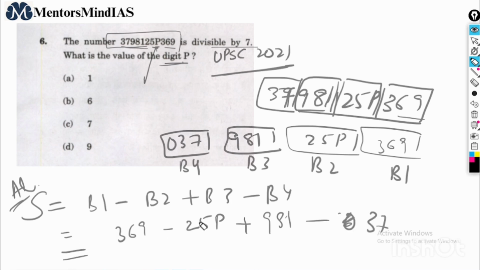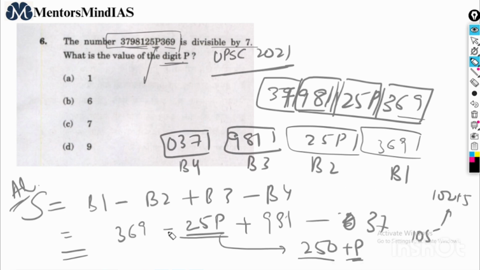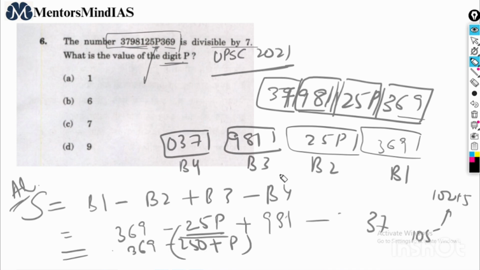Now, this 25P can also be written as 250 plus P, just like 105 can be written as 100 plus 5. So when you write the final expression, it is 369 minus (250 plus P) plus 981 minus 37.